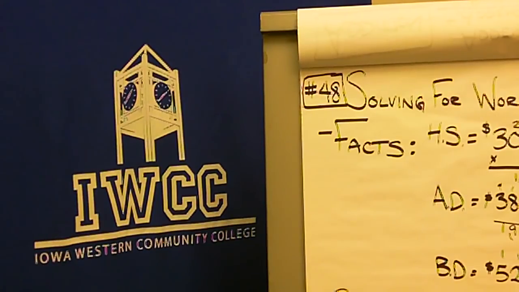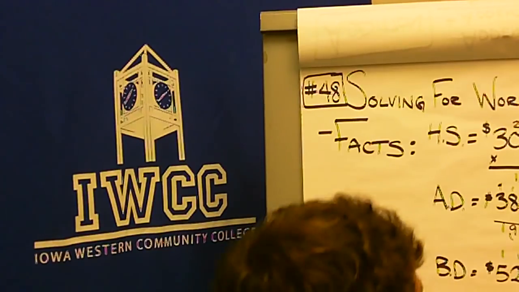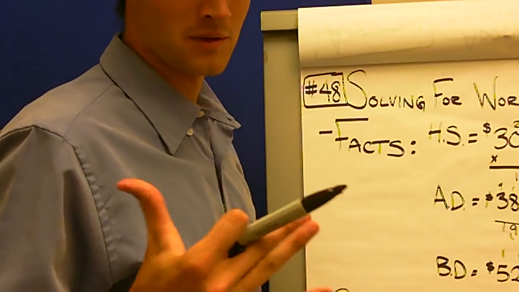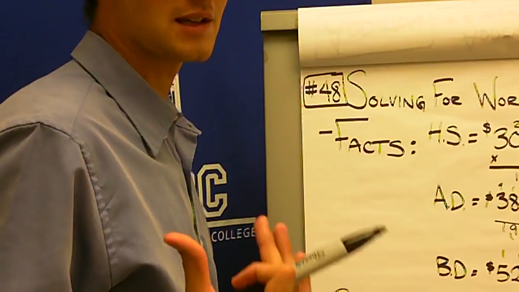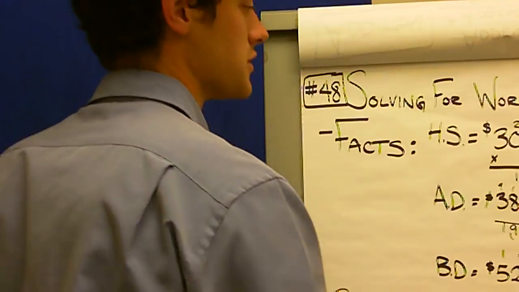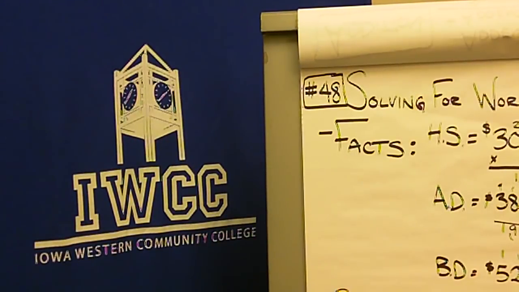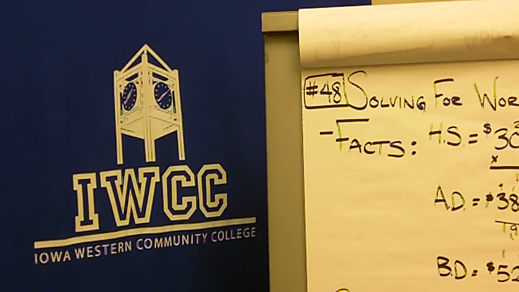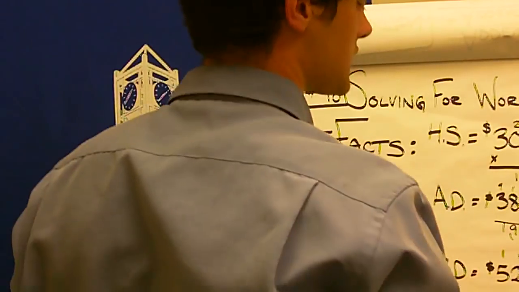So the difference between a bachelor degree graduate and a high school graduate is $1,090,000. Would you like an additional $1 million? I know I would. Let's figure out the difference between an associate degree and a high school graduate. I'm writing my number for how much a high school graduate makes. So a difference of $390,000.